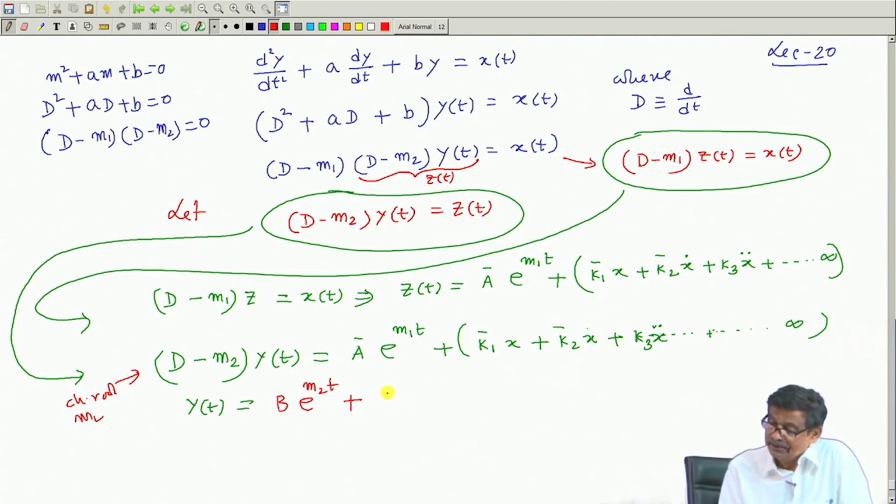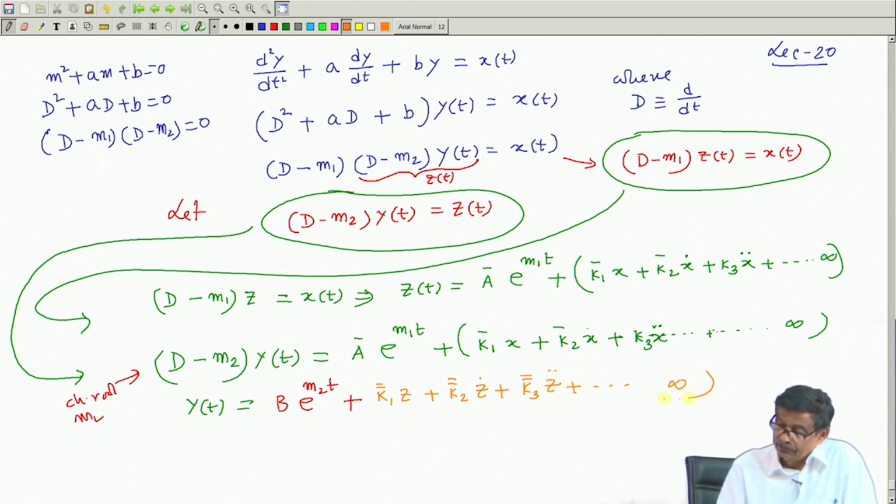So, let me use a different color for the solution due to the forcing function. Say this will be equal to some k1 double bar z plus, because this is z(t), k2 double bar z dot plus k3 double bar z double dot and so on up to infinity. That is what we have learned. This will be the thing.